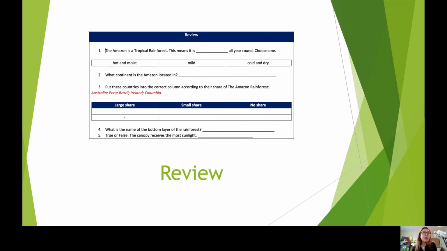Question 3. Put these countries into the correct column according to their share of the Amazon rainforest. For this question, I would like you to please use a ruler to draw out this table with 3 columns. There are 5 countries and you need to fill in 5 cells. In this column, you only need to put 1 country in for the large share.